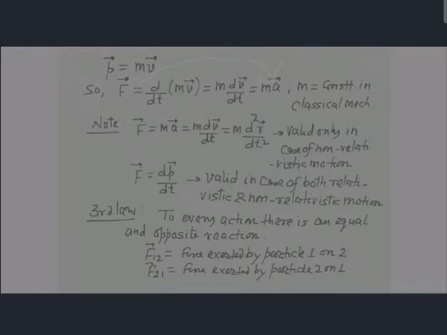How? If you put acceleration equal to 0, you will get force equal to 0. And if you put force equal to 0, then 0 will be equal to m a vector, and a vector will come out to be 0. So both are helping each other. F equal to 0 implies that a equal to 0, and a equal to 0 implies that F equal to 0.